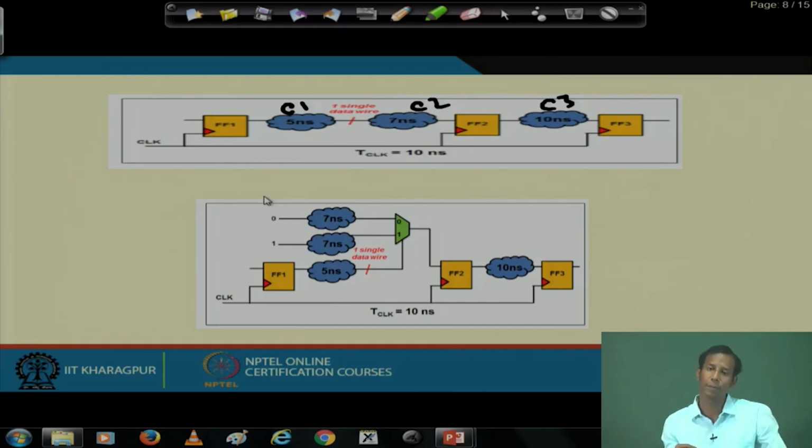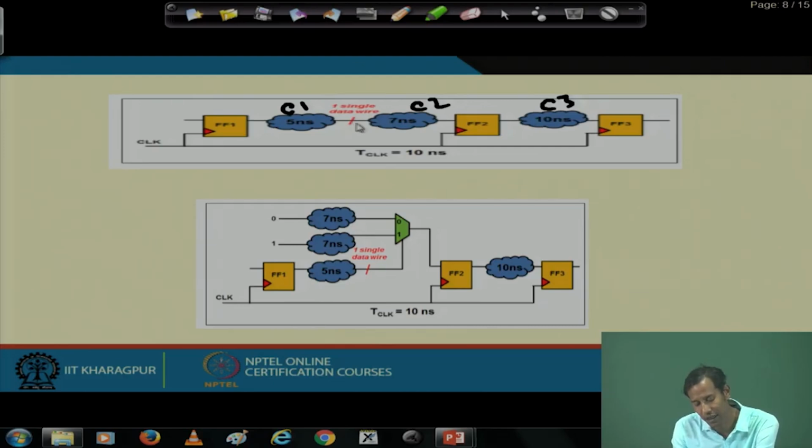From the beginning, I just copy this combinational part twice. Here one thing is that I do not have any area restriction, I only have the speed restriction, that means the frequency or the speed I need to improve, and area requirement is not that constrained. Only at that time I can do this, otherwise I cannot. So, I will compute the 5 nanosecond and 7 nanosecond parts in parallel.